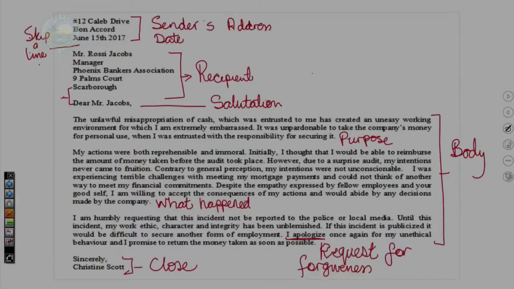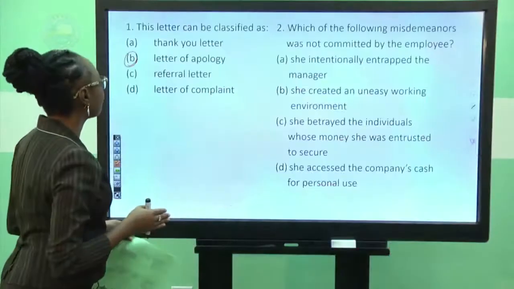If you look again, look at the vocabulary. The person says as well here, I am willing to accept the consequences. And you're seeing language that you're going to associate with someone being sorry and being apologetic.